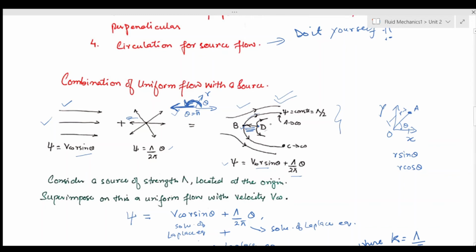If there is more volume flow rate coming out of the source, then this stagnation point would shift more towards the pi angle, and the radial distance dB would be more. Also, for a fixed source strength denoted by capital lambda, if I increase the value of V infinity, which means if I increase the velocity of my uniform flow, then dB would decrease.